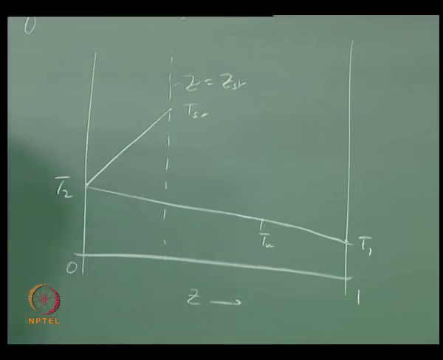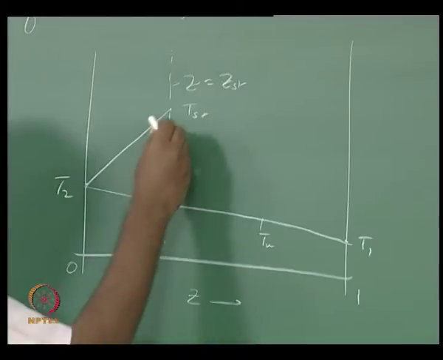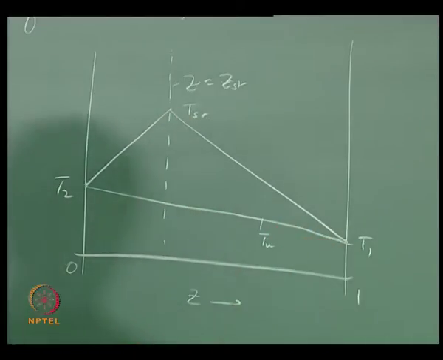Similarly, on the other side you just have a linear variation from TST to T1. So it just becomes that simple.